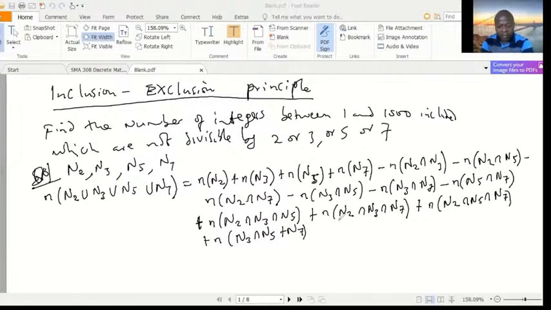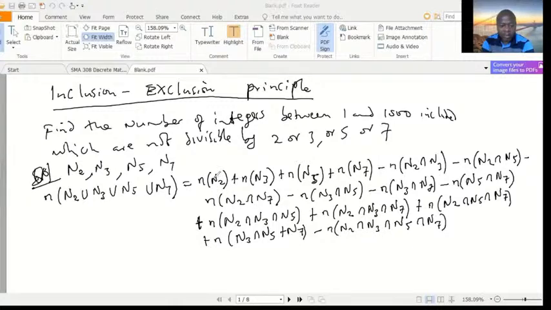I think I've included everything there, and then I now want to exclude those in N2, N3, N5, N7. So remember, we're excluding to ensure that there is no counting elements twice.